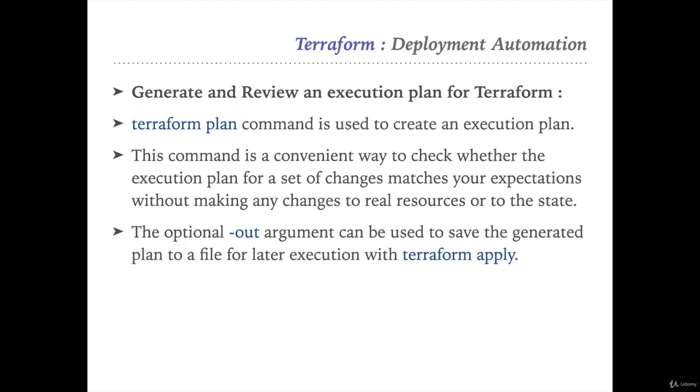You can run terraform apply and provide the files, like A, B, C, whatever you have created with terraform plan. This way, you can change your configuration, create the plan, and apply a specific plan. If you don't want to execute all these changes in a single go, you can go step by step as well.